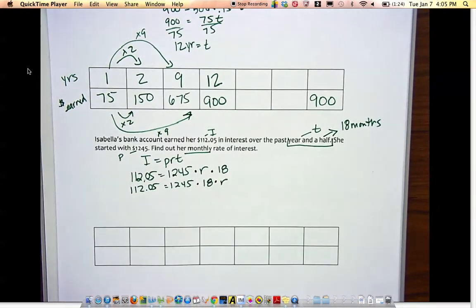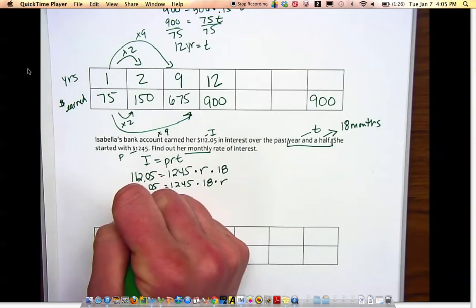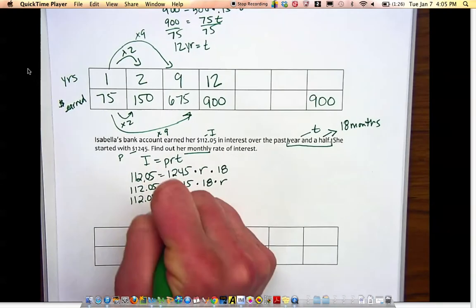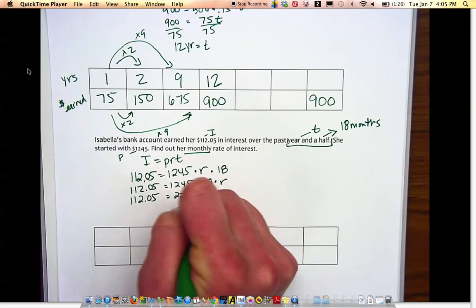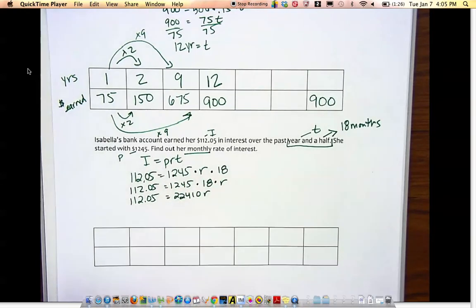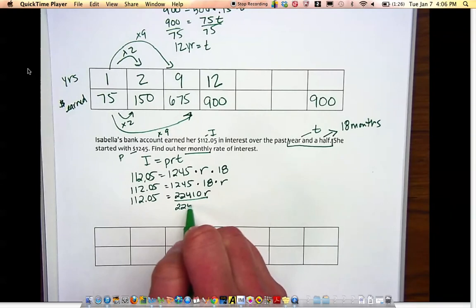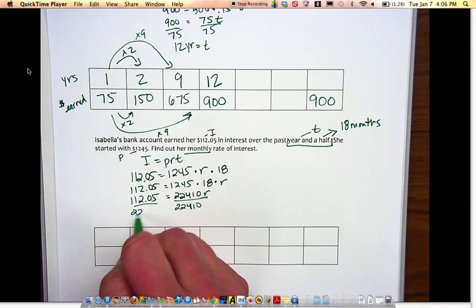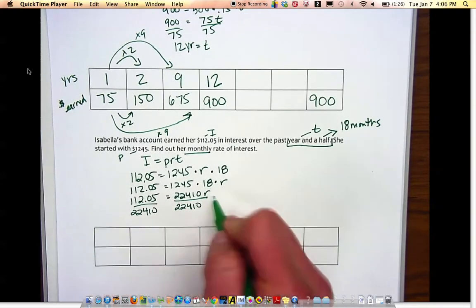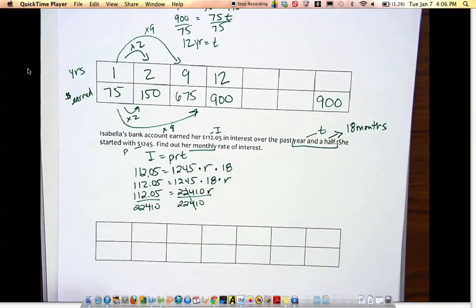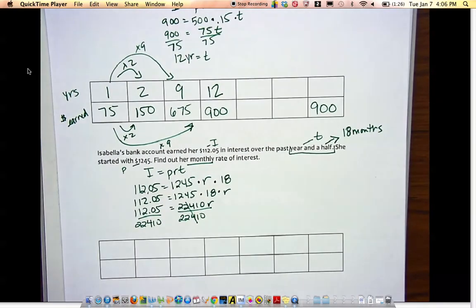So 1,245 times 18 gives me 22,410 R. I need to solve for R, and the only way to do that is to divide both sides by 22,410. This cancels out, and this becomes 1. So I need to do $112.05 divided by 22,410.